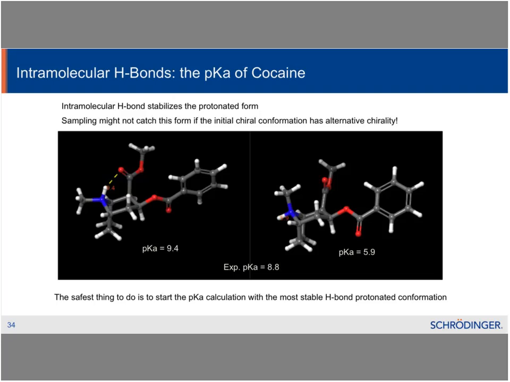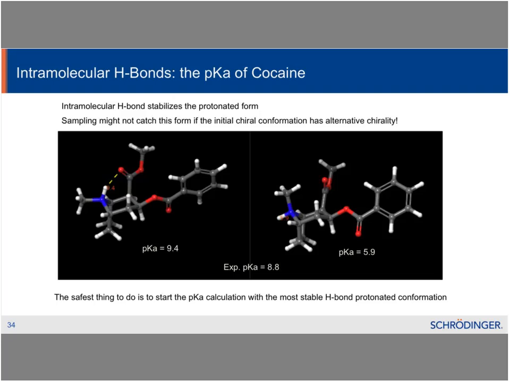the molecule. So if we start with the right protonation form, then the pKa is very close to the experiment, 9.4 versus 8.8. But if we start with the bad protonation form, again, the stereo center here is not going to be inverted when the molecular mechanics program samples the conformations, and the hydrogen bond is not going to be found, and the final pKa is going to be bad, 5.9.